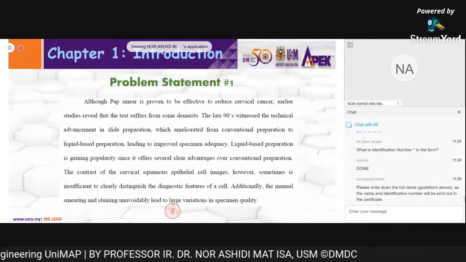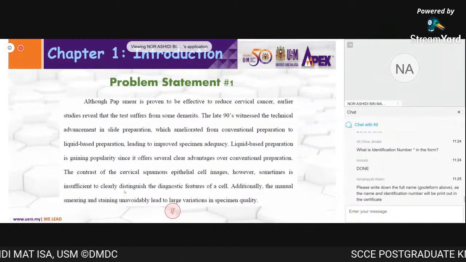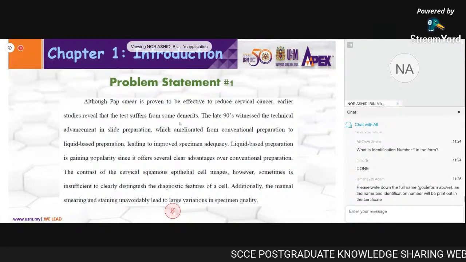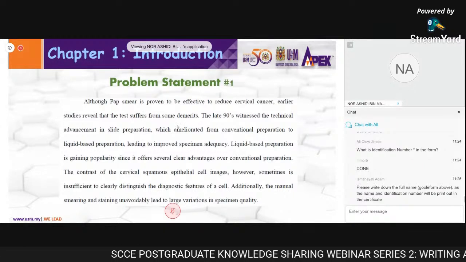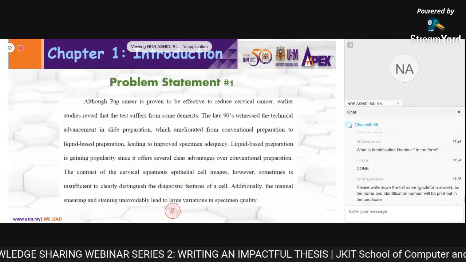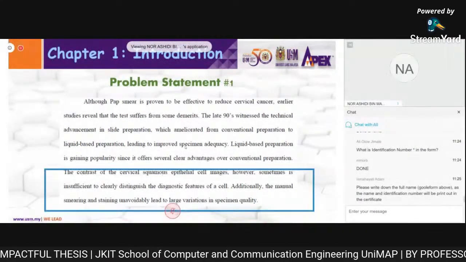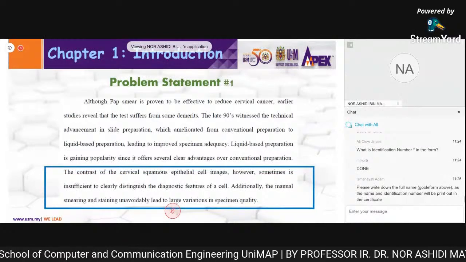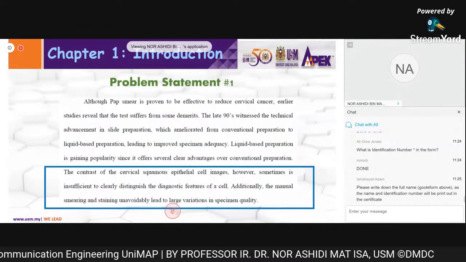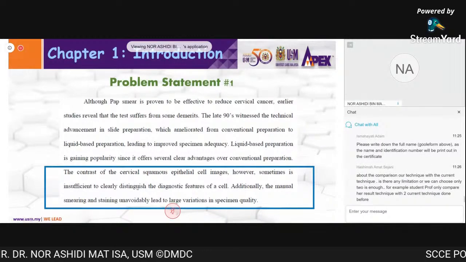So it means they still have a problem with the pap smear. They changed to a new one, and the new one also still has problems. So we try to overcome this problem. This is the problem of the current state of the art methods. This is the conventional one, the real world. So we want to overcome this problem.